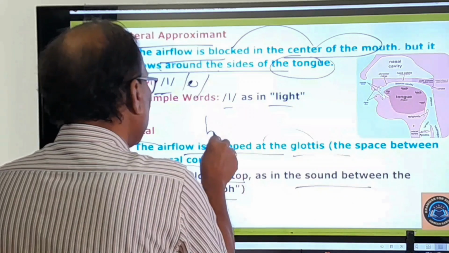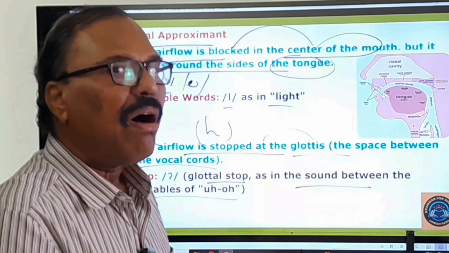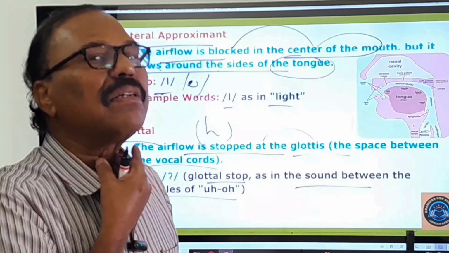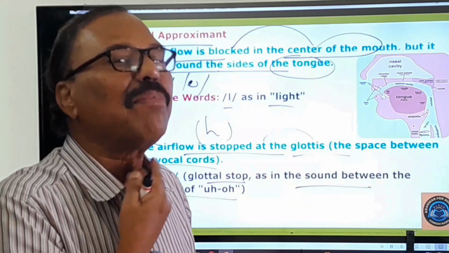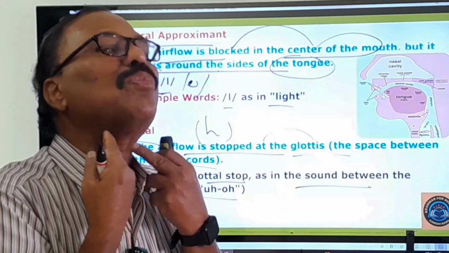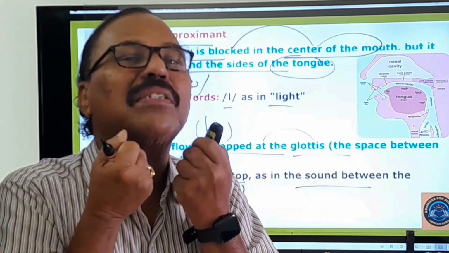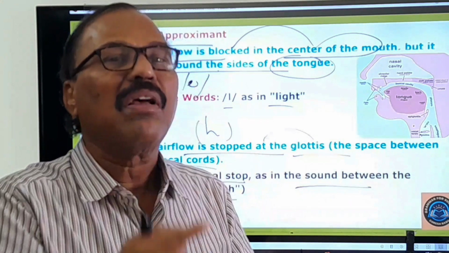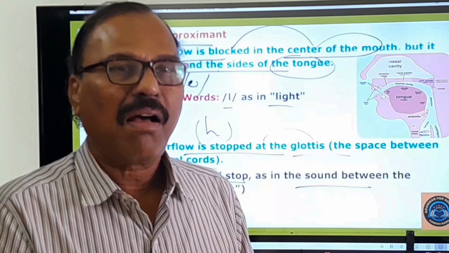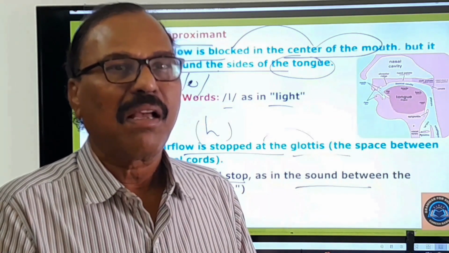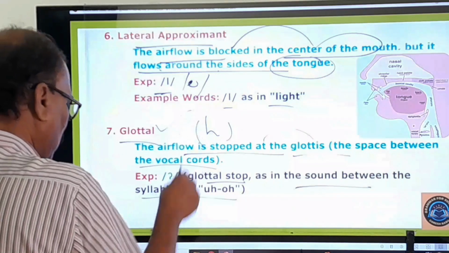H sound is always called a glottal sound. So what is happening? This noise is coming from the space between these two vocal cords. Vocal cords are here. From the space between these two vocal cords, this noise is coming out. Ha, hammer, house, hat. So that's why this is called a glottal.